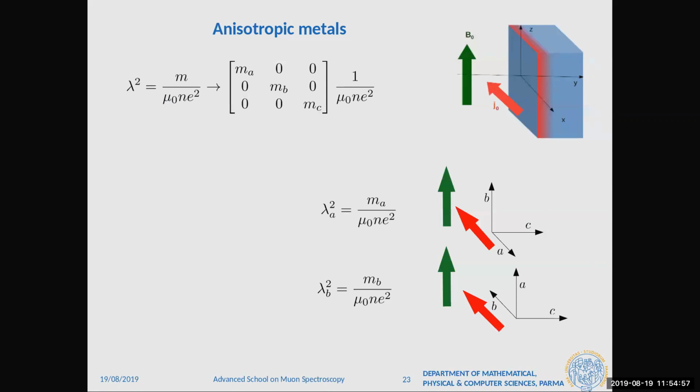I mean, to add to the answer of Roberto, USR is really the technique to measure this superfluid density. There's no other technique that can measure the absolute value of the superfluid density. Measure the temperature dependence of the superfluid density. To have the absolute value, USR is the technique.